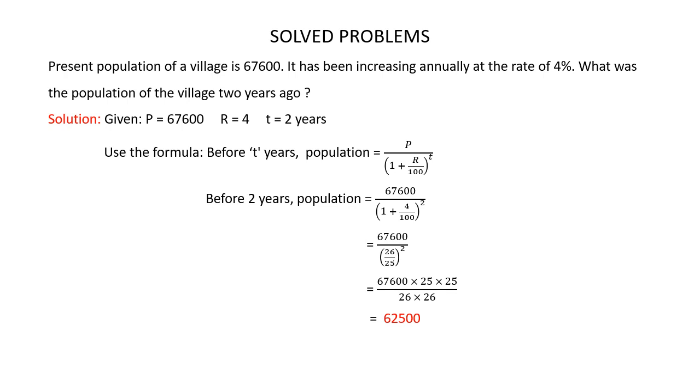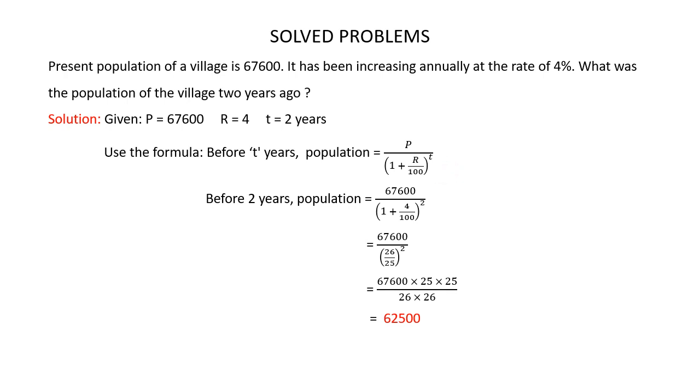Now it's given that P is equal to 67,600, R is equal to 4 and T is equal to 2 years. Now we have to find the population of the village 2 years ago. So to find the population before t years, use the formula P divided by (1 plus r upon 100) the whole raised to the power t.